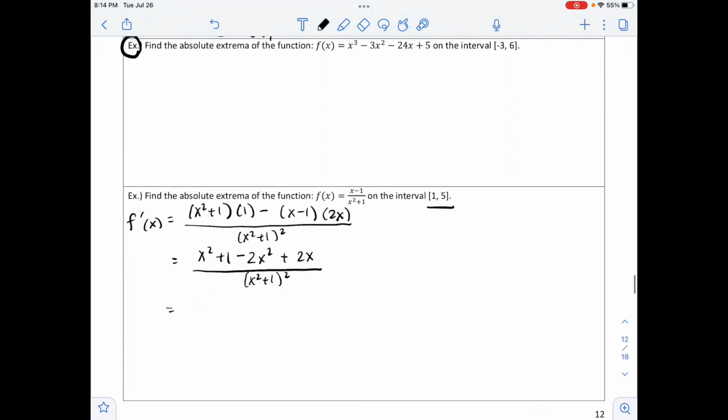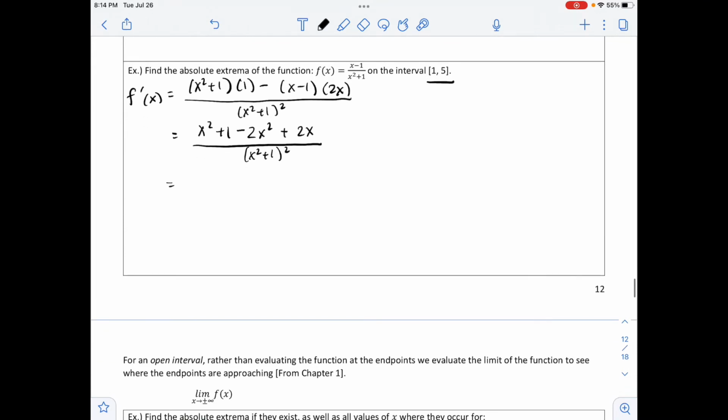And then again, combining our like terms for this problem, we arrive at negative x squared plus 2x plus 1 all over x squared plus 1 squared. And so in order to find our critical values, we're going to set this equal to 0. And doing that, I can multiply both sides by my denominator, and I'm left with negative x squared plus 2x plus 1 equals 0.